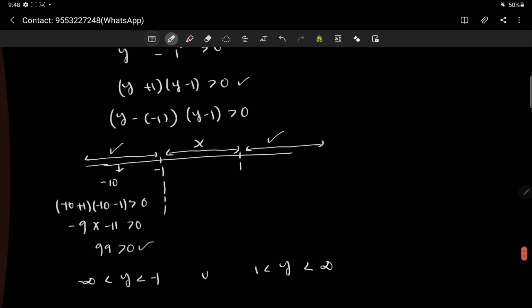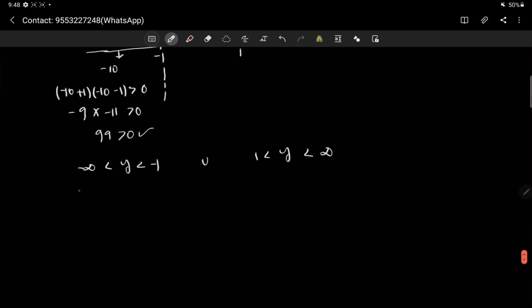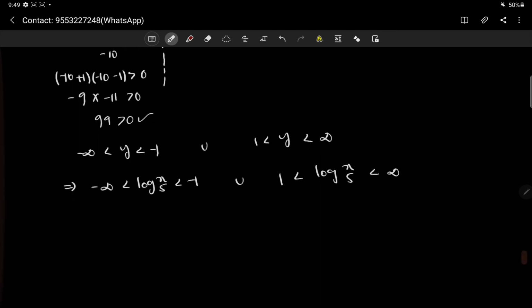Okay, now what is y? y is nothing but log x base 5. So minus infinity less than log x base 5 less than minus 1, union 1 less than log x base 5 less than infinity.